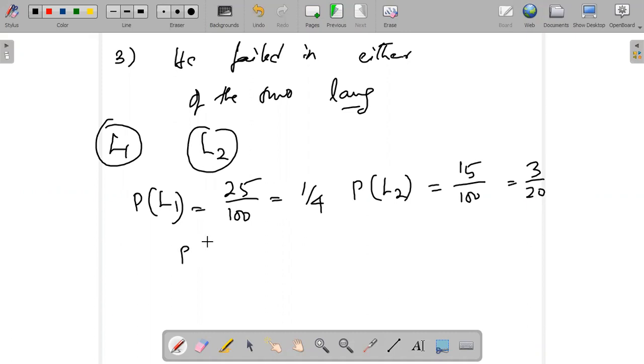And the probability of both: 10% of students failed in both, so L1 intersection L2 will be 10%, that is 1 by 10. So this is given for us. Let us try to solve the first one.